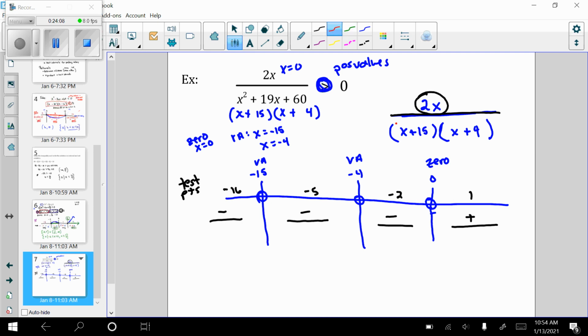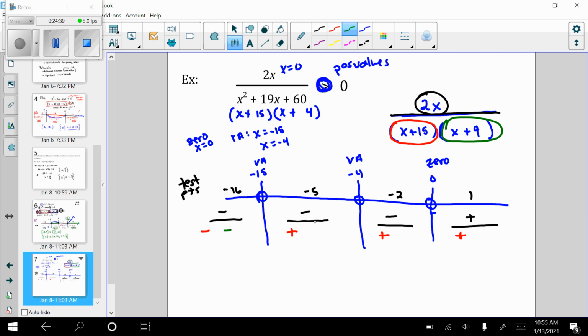Now let's plug them into this piece of the denominator and determine positive or negative. Negative 16 plus 15 is negative. Negative 5 plus 15 is positive. Negative 2 plus 15 is positive. And 1 is obviously positive. Those are denominator values. Then I'll use green, and I'm going to plug this into x plus 4. Negative 16 plus 4 is negative.